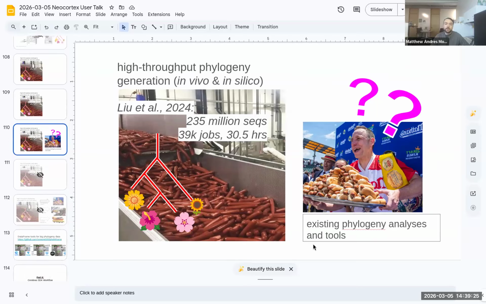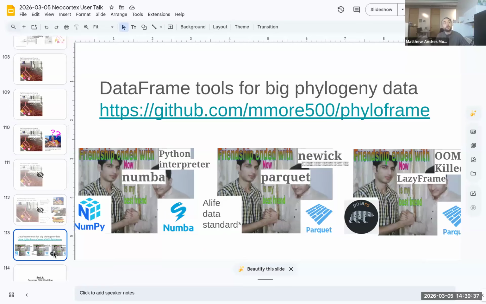And so another part of this project that I'm going to fast forward by a little bit is figuring out how to work with this high volume data to actually analyze these large phylogenies in a meaningful way. And one thing that we've had really good success with in this department is shifting towards a data frame oriented model of serializing and deserializing phylogenies and then doing statistical operations on them.